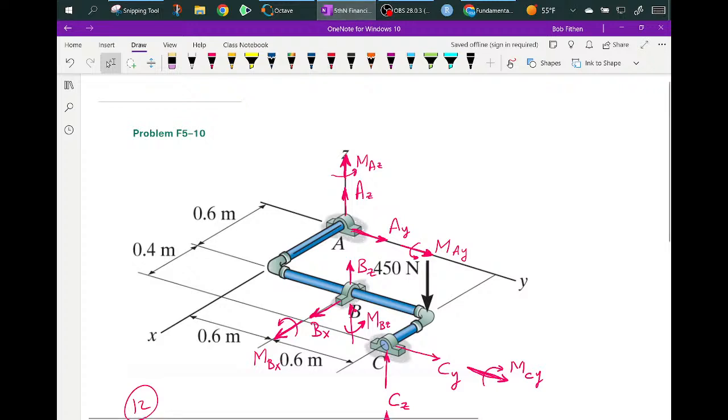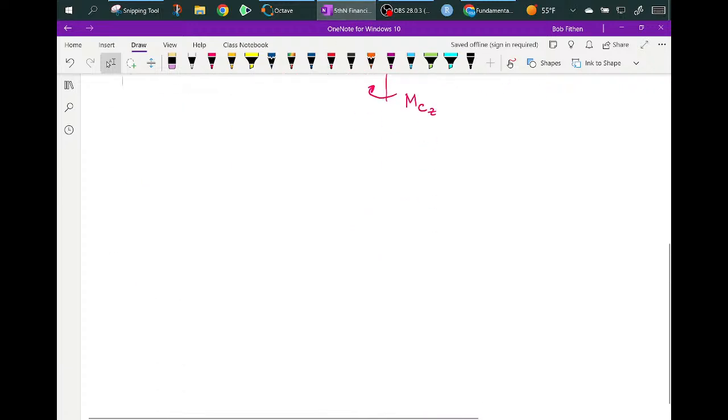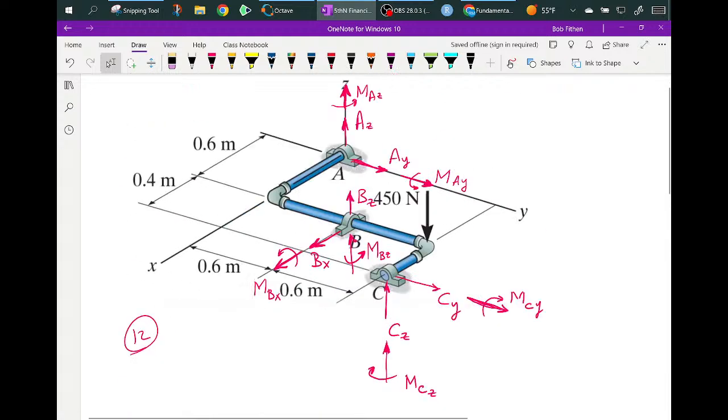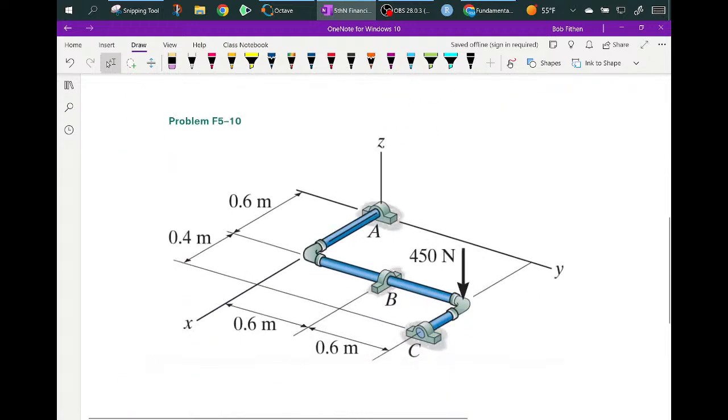So this is what he's given you. This is what he's solving. Let me try to work this out. Okay. What he's actually solving is this. Okay, hang on.